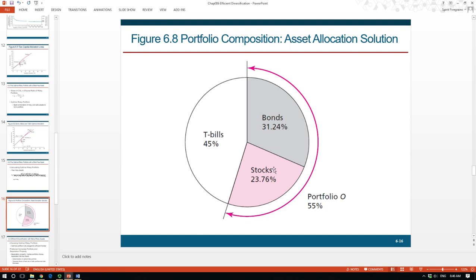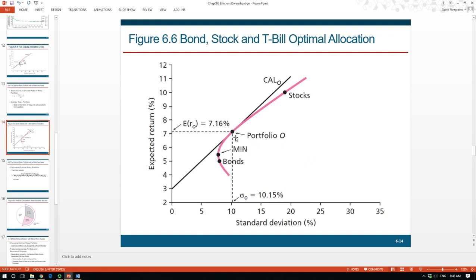And once this job is done, we can find the tangent point, where the capital asset allocation line is tangent to the efficient frontier. At portfolio O, the expected rate of return is 7.16%, with standard deviation around 10.15%. That's a very decent choice.